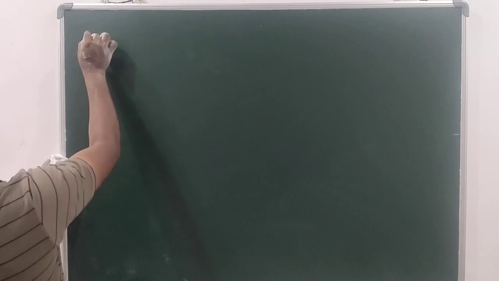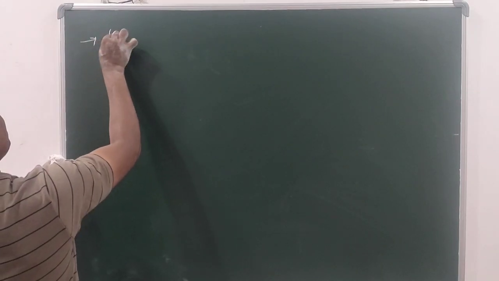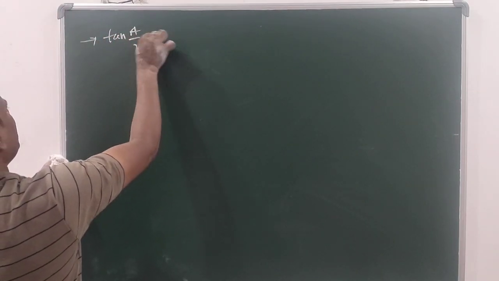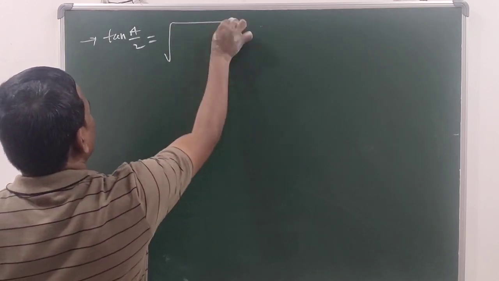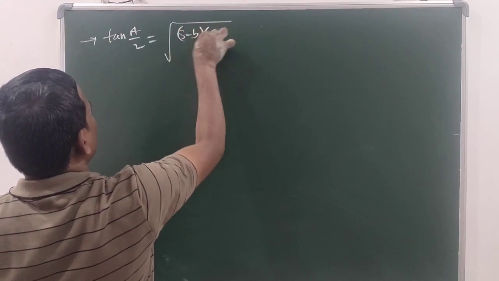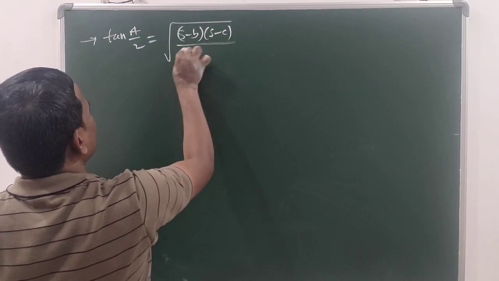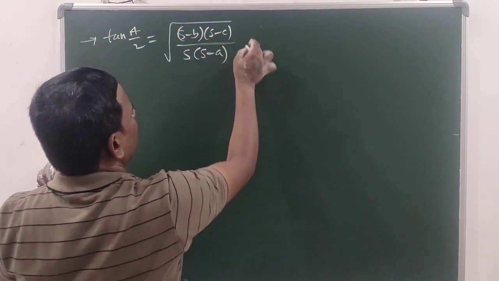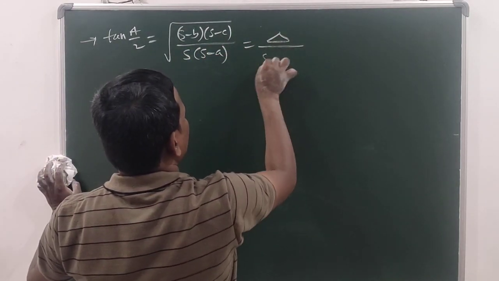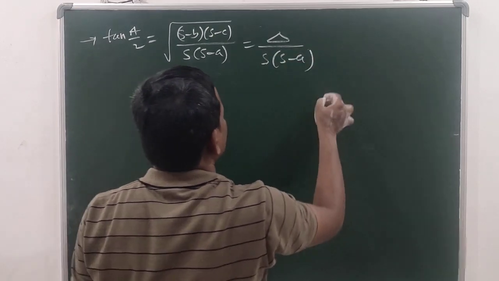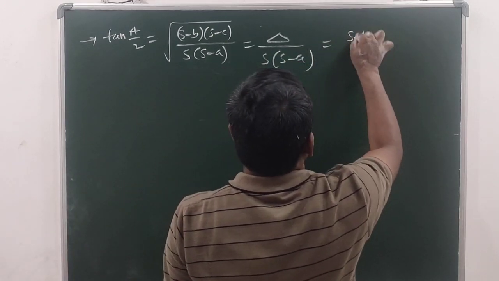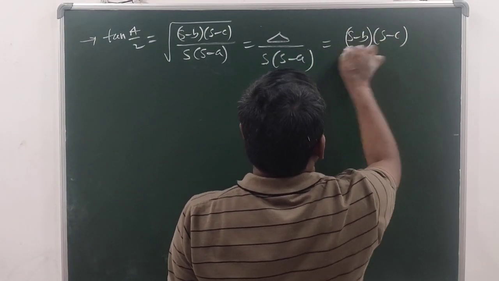Now write all the possible formulas of tan A by 2. Tan A by 2 can be written as square root of S minus B into S minus C by S into S minus A, and two more formulas: delta by S into S minus A, and next, S minus B, S minus C by delta.